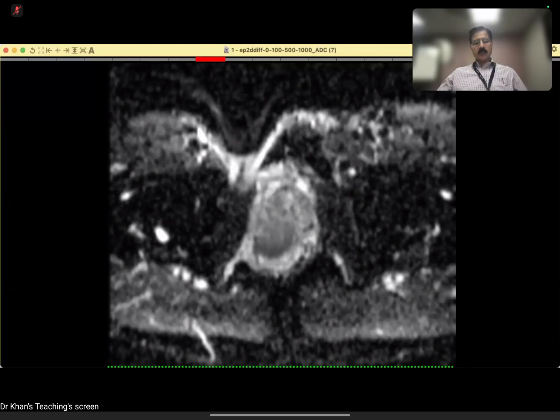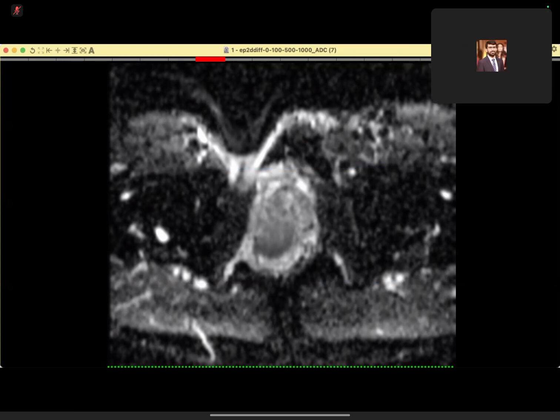We just did a prostatic carcinoma case, and I did a bit of a PowerPoint presentation. There, I told you what the signal on T2 is as far as malignancy is concerned. You remember that? It should be T2 hypointense.